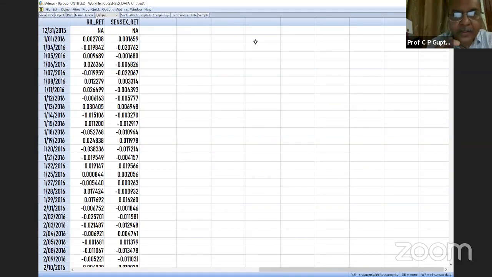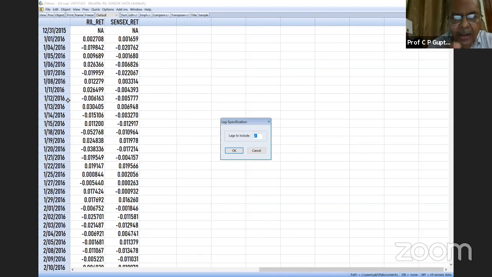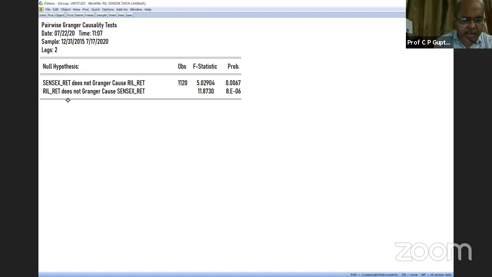Okay, good. Then go to View. In this View, you will find an option, Granger causality. Click on it. And right now, let's ignore the lags. If you want, you can have 2 lags, 3 lags, that's your choice. But for the time being, I'm taking the default lags, that's 2. Okay, so that's the data which we get.